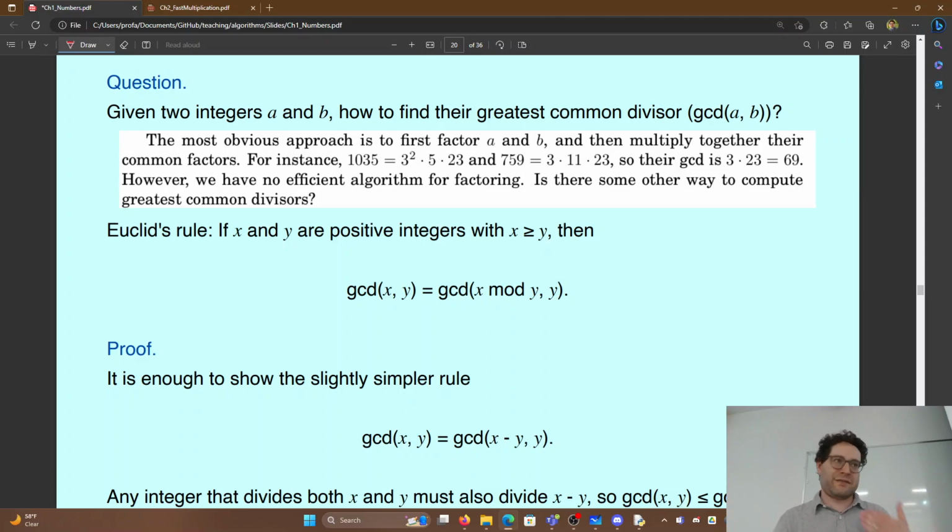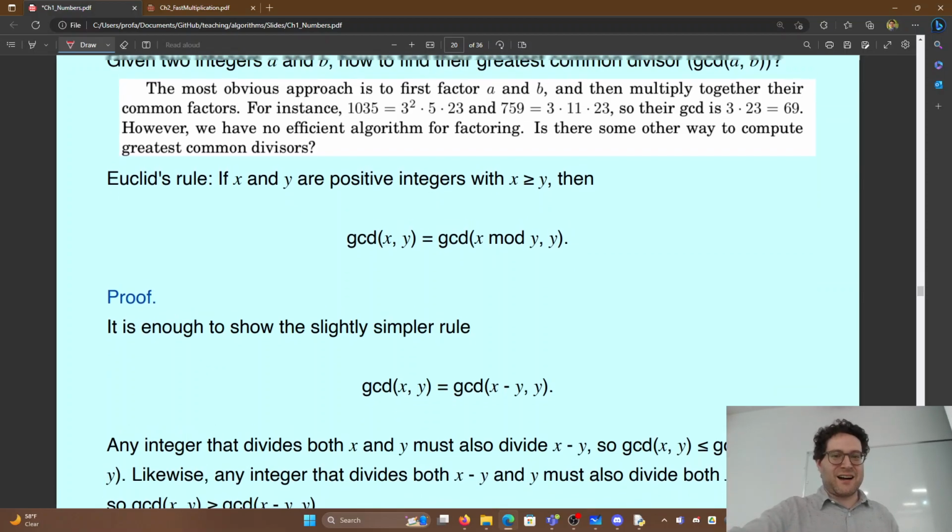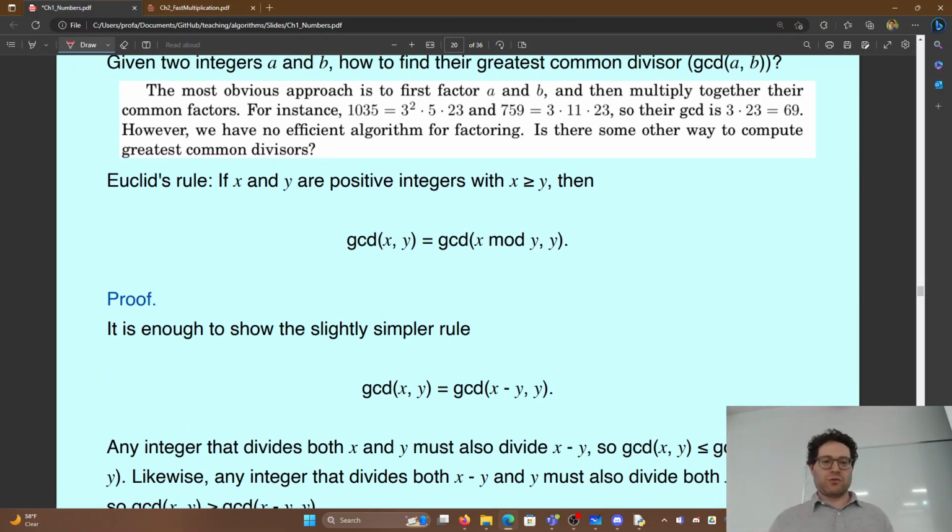Is there a way to get that faster than exponential time, essentially? The answer is that Euler had this rule: if you've got two integers, x greater than y, the reason we say x is greater than y is because it makes it easier for us.